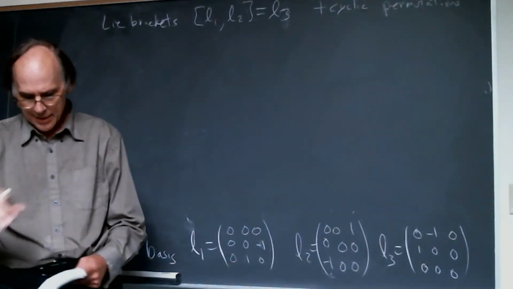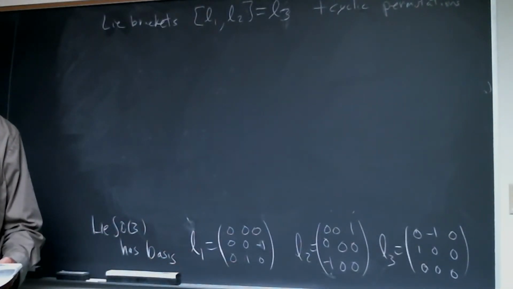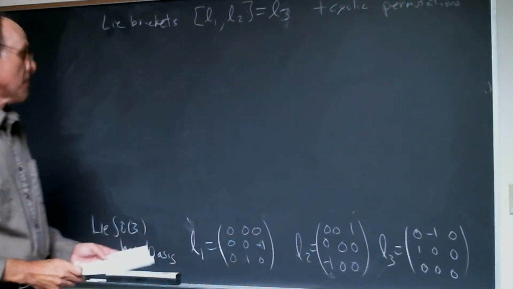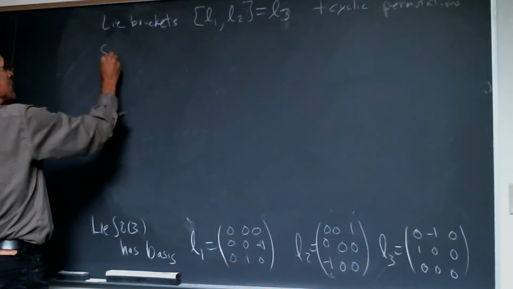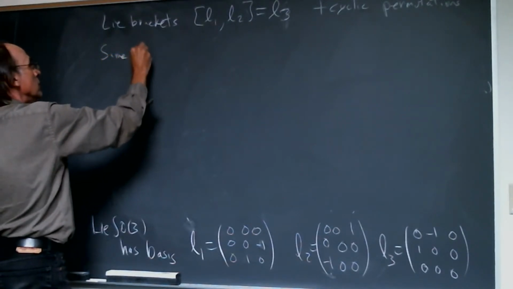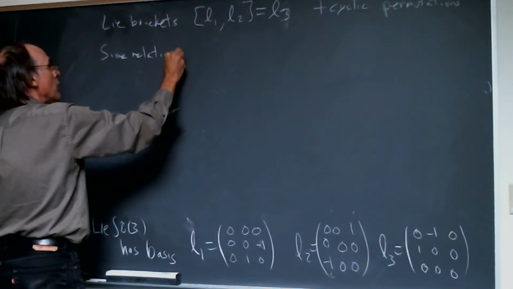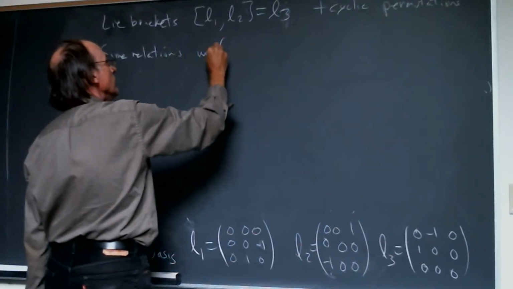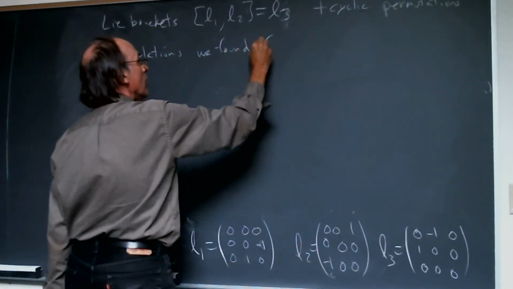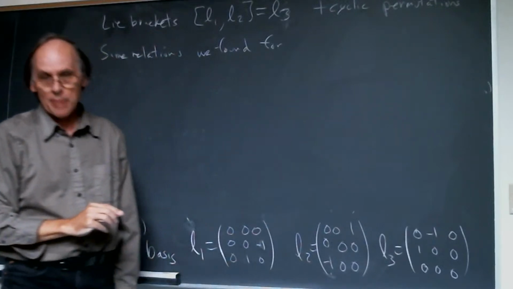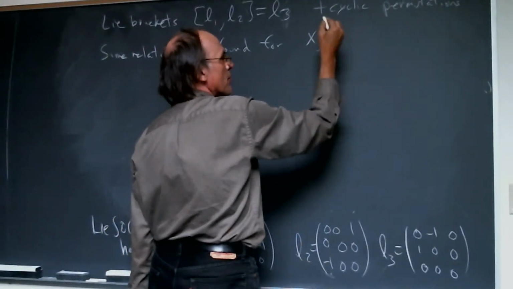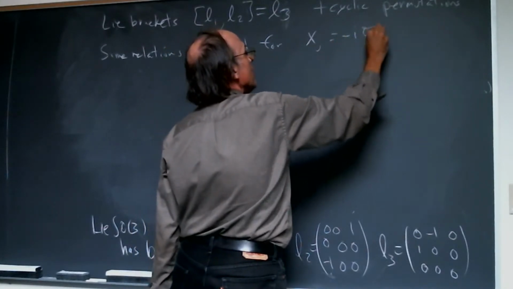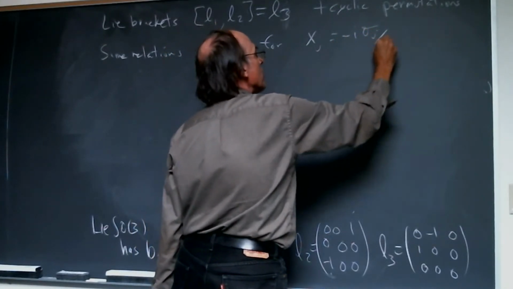And now at this point, one thing you may notice that is funny is that these are the same relations we found when we looked at the commutation relations of these x_j's, which was, I think, minus i times the sigma matrices divided by 2.